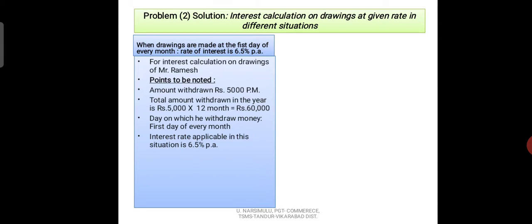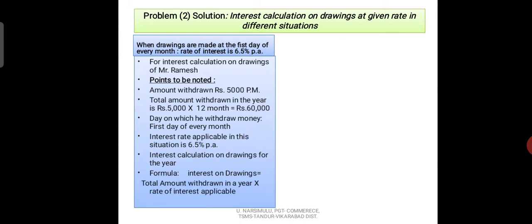interest rate 6.5%. So here is the formula, interest calculation on drawings for the year. What is the formula? Interest on drawings is equal to total amount withdrawn in a year into rate of interest applicable.